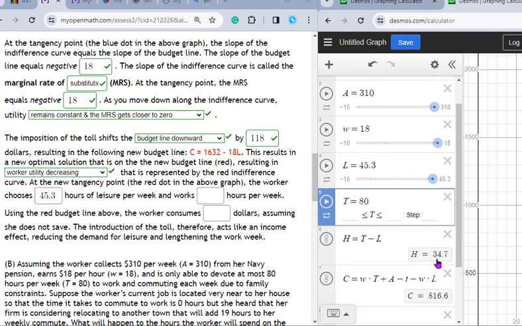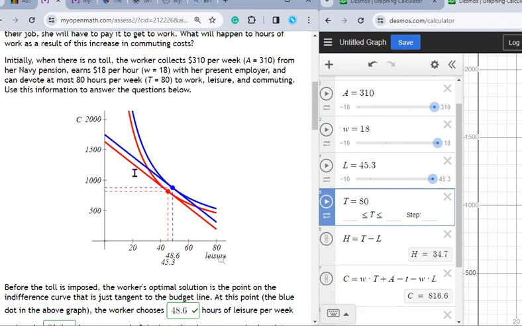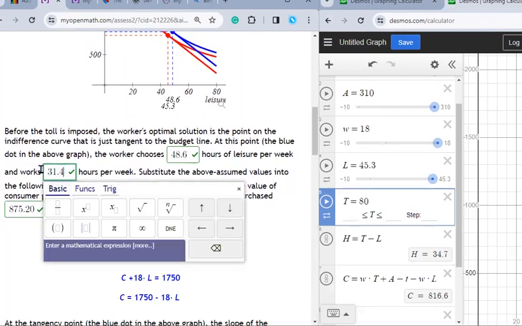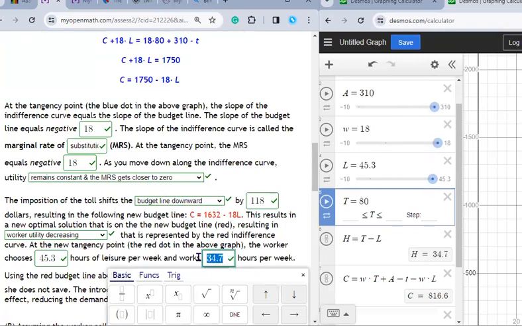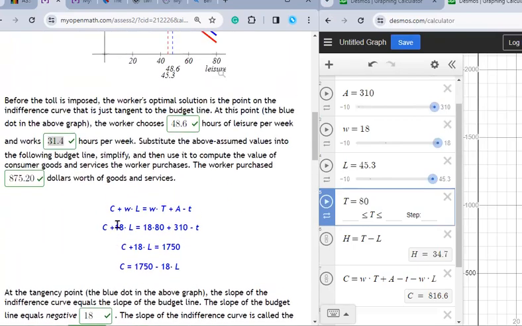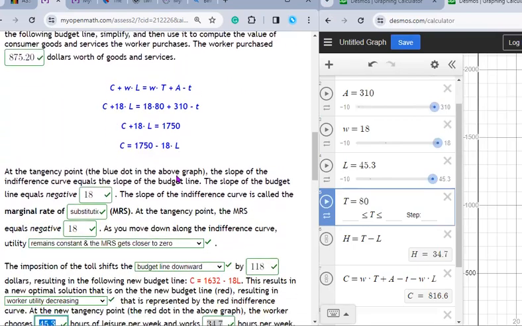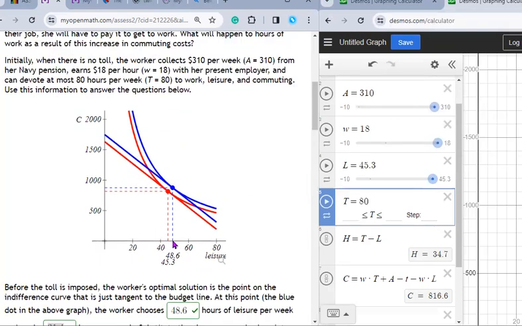That results in her working 34.7 hours, right? So her hours of work went up, from what it was before, 31.4, to what it is now, 34.7. And her hours of leisure went down, from 48.6 to 45.3.